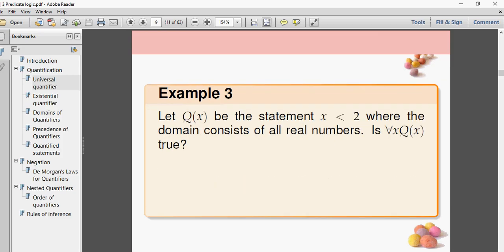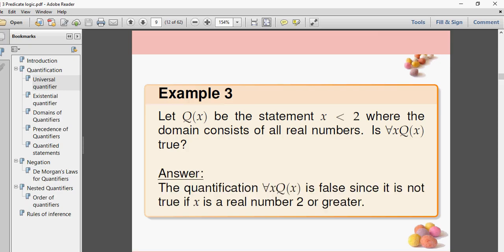Okay, let Q(x) as a function be the statement x smaller than 2, where the domain consists of all real numbers. So I need to go through all real numbers x. I need to see whether for each x, Q(x) is true or not.